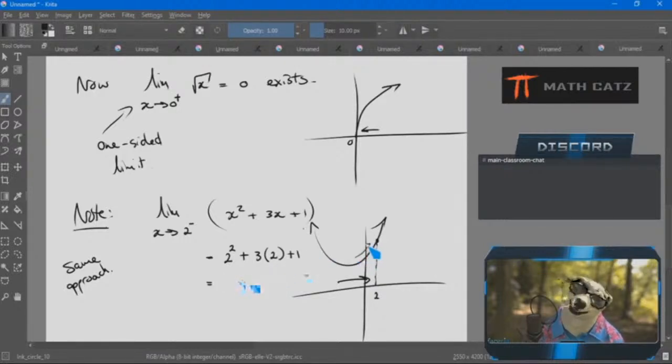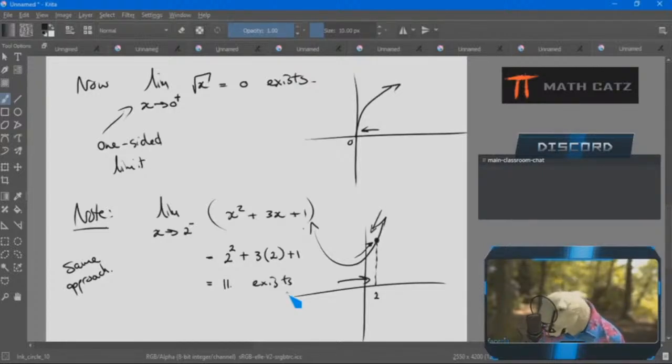Whether I just come in from the left or whether I hone in on the point from both sides, the behavior is predicting the same thing. So in this case, it's the same as plugging it in because it's a polynomial. 4, 10, 11 exists. So the question isn't changed. It's just being made more appropriate for certain functions that have only half the x values available to ask a behavior question.